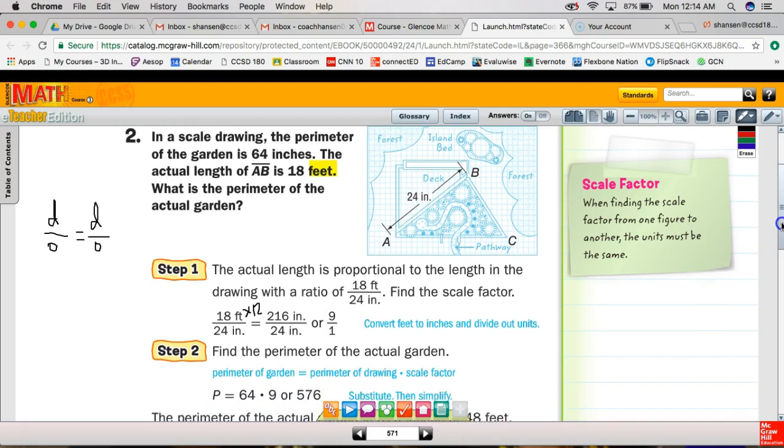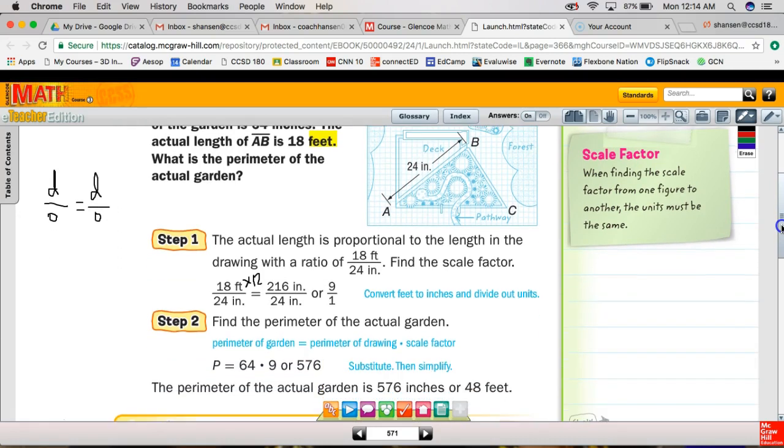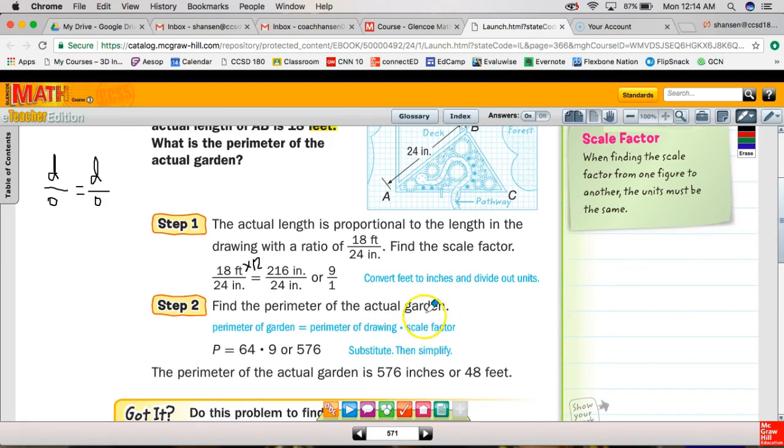Now after that, it's asking me to find the perimeter of the garden. You'll notice that they give the answer in 2 different dimensions, in inches or in feet. Generally speaking, feet would make more sense for the size of the actual garden. What is the perimeter of the actual garden?